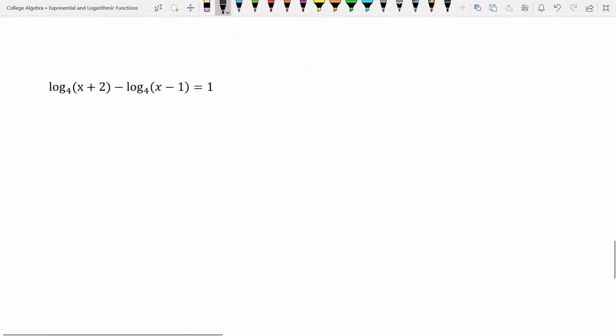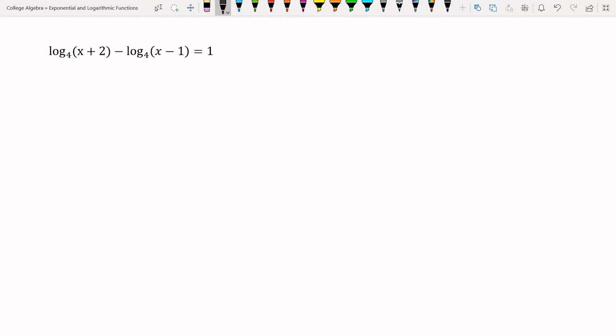All right. For this one, we need to condense the two logarithms together. They are subtracting here, so we're going to use the property of logarithms that says if they're subtracting, it goes to division. So we have log base 4 of the first divided by the second equals 1. And now to get rid of the logarithm, we do the inverse operation, which is exponentiation.